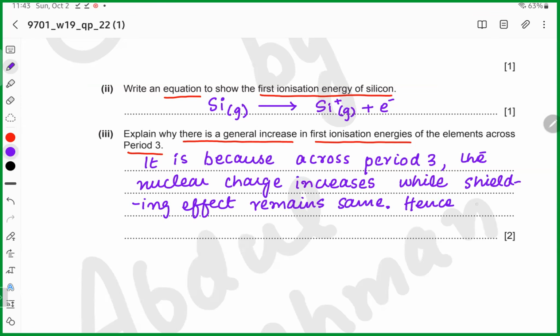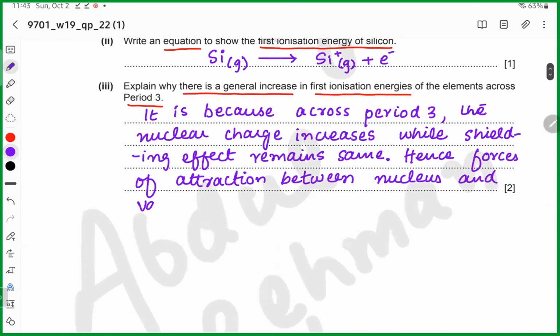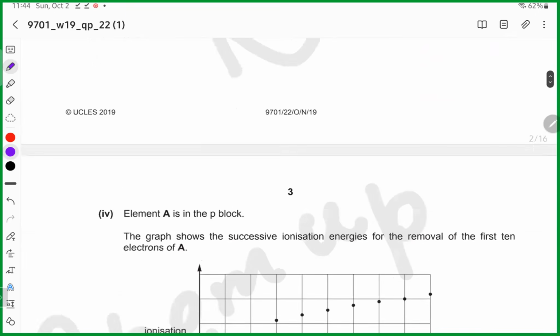Hence, forces of attraction between the nucleus and valence electron increase. Is this clear? Yes, sir.